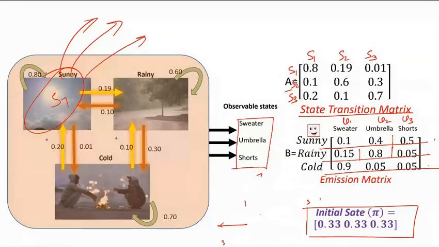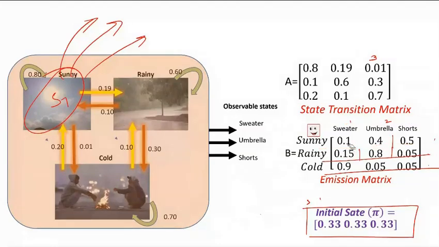When you start your machine, what was the initial status? Suppose all weather is equally likely, that is sunny, cold or rainy, with equal chances, then we can have this initial guess. Remember, the sum of this is also 1.